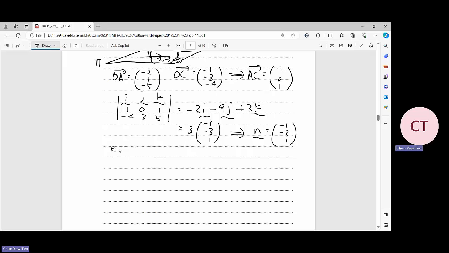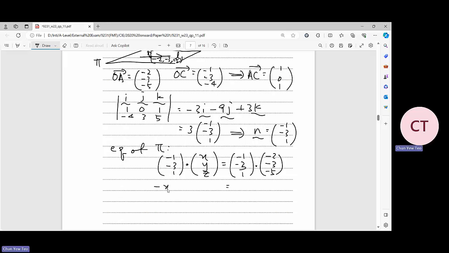So the equation of pi will be the normal vector dot with x, y, z, equal to the normal vector dot with the fixed point. The fixed point, you can choose OA, you can choose OC, that is up to you. For this case, I choose OA.